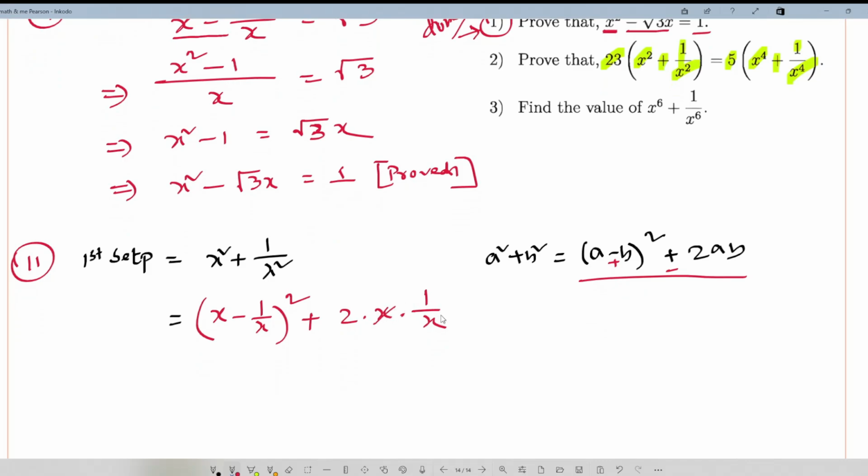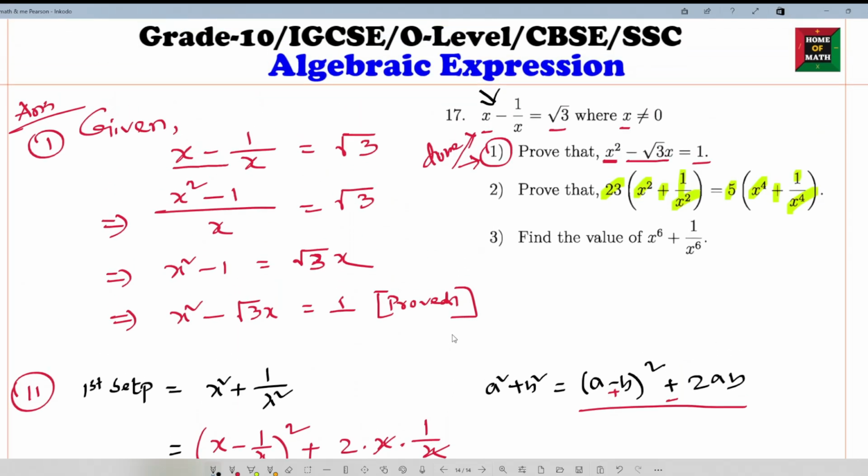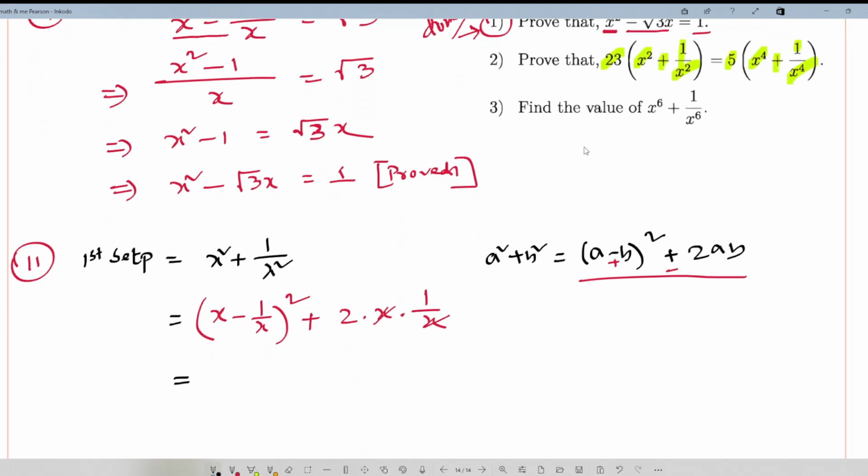So this x and this x divide, it means 1 out. So x minus 1 by x, the value of which is root 3. So root 3 square plus 2. Root 3 square means 3, plus 2, the value is 5.